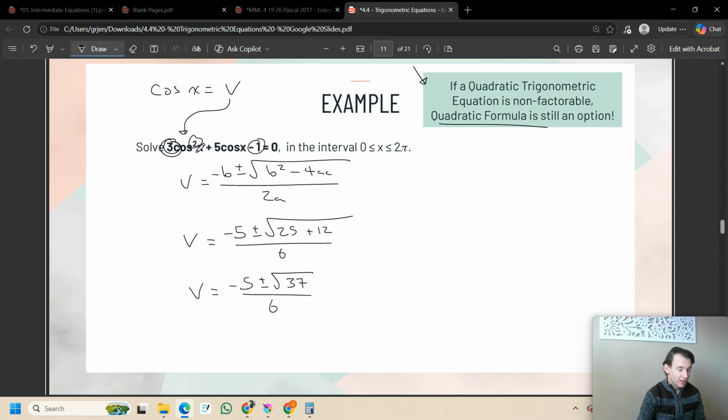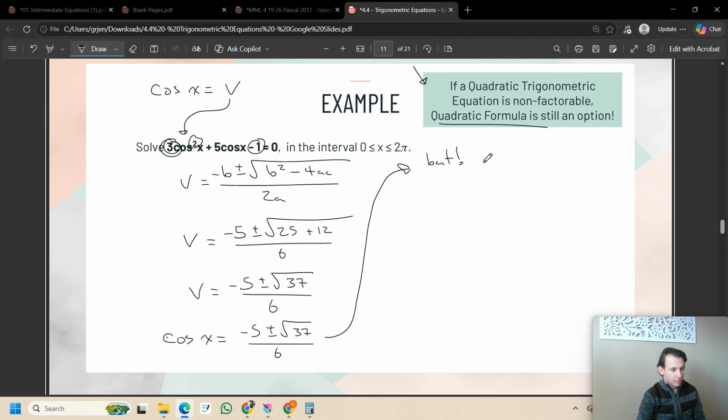Of course not. So we can write cosine x is equal to minus 5 plus or minus root 37 over 6. But minus 5 minus root 37 over 6 is absolutely less than minus 1.